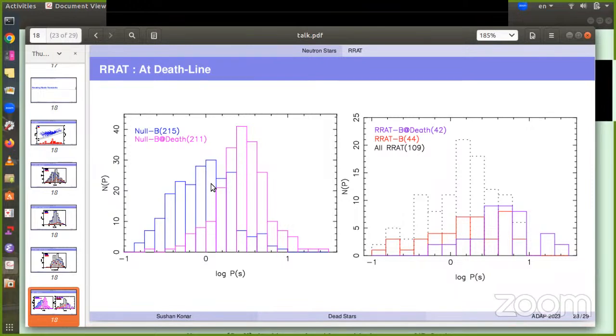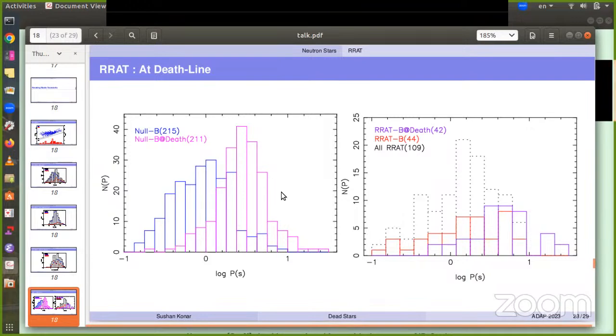And if I take all the Nulling pulsars to the death line, the histogram would be like this pink one. You see, this is really very close to a Gaussian. So when they hit the death line, there will be a Gaussian population, when they kind of stop being a pulsar anymore. So that's where they would go.